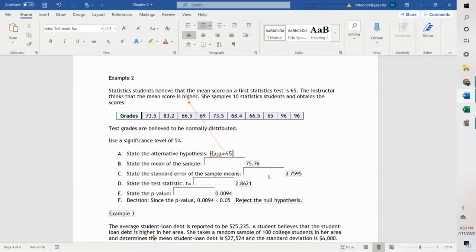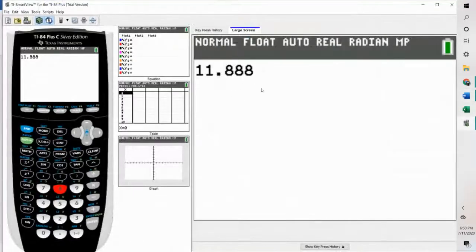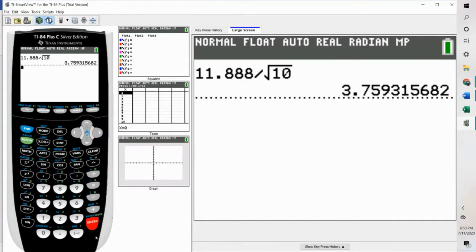The standard error is the standard deviation divided by the square root of the sample size, which in this case was 10. 3.76.